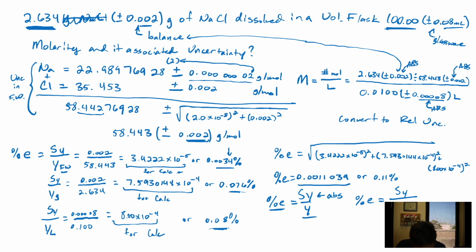Oh, that's because I never did it. Sorry about that. We still need to do this part here because we haven't figured out what our Y is. Our Y is the molarity without the uncertainty in it. That's really simple though. I'll just do it really small over here.